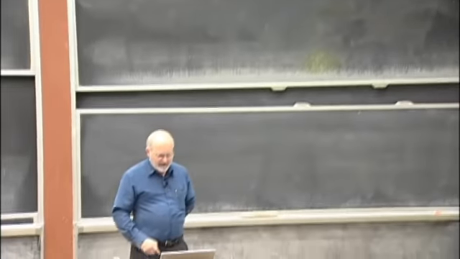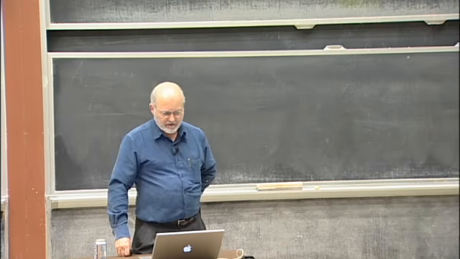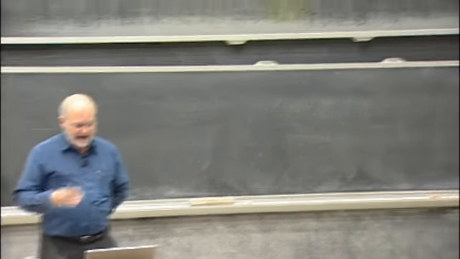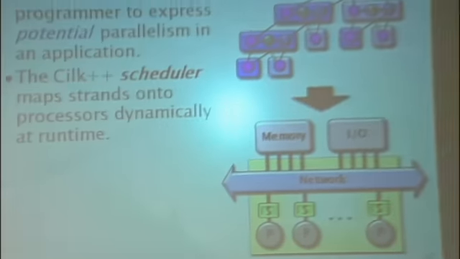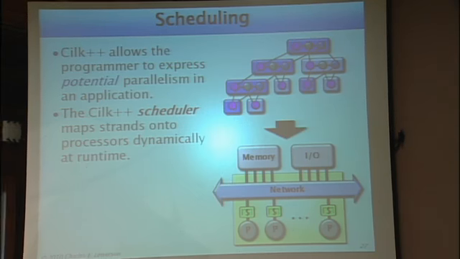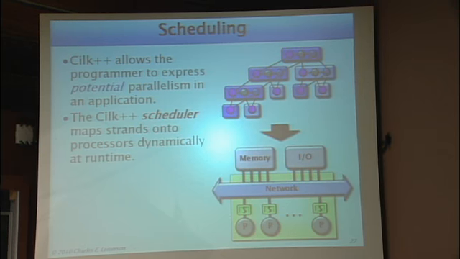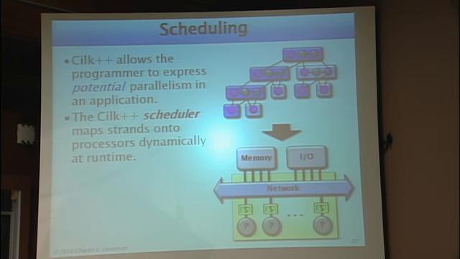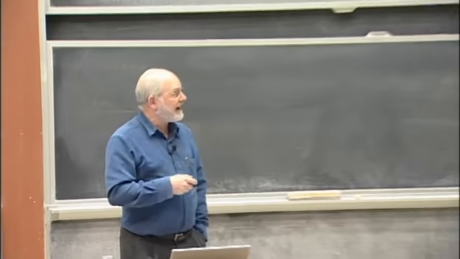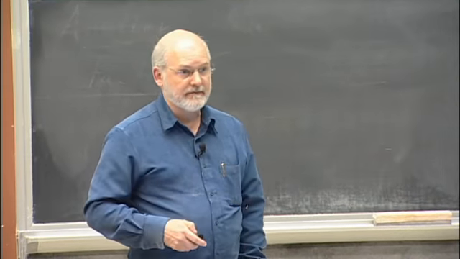That's done by the Cilk Plus scheduler, which maps the strands dynamically onto the processors at runtime. Okay? So it's going to do the load balancing and everything necessary to balance your computation off the number of processors. We want to understand how that process works, because that's going to help us to understand how we can build codes that will map very effectively onto the number of processors.